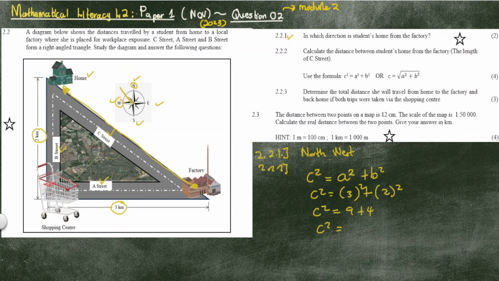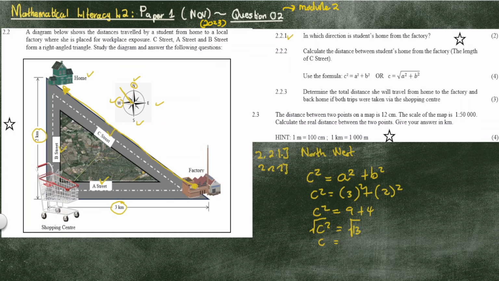Let's check. 3 squared plus 2 squared equals 13. We take the square root on both sides. C is equal to the square root of 13.